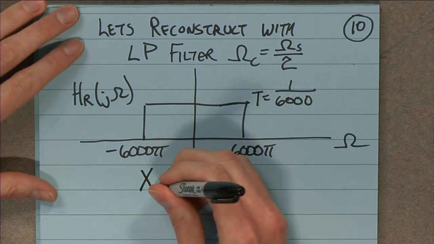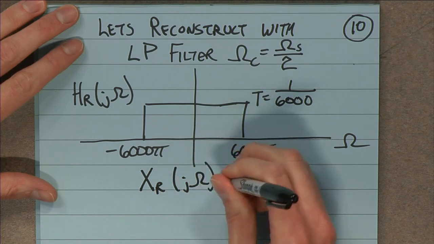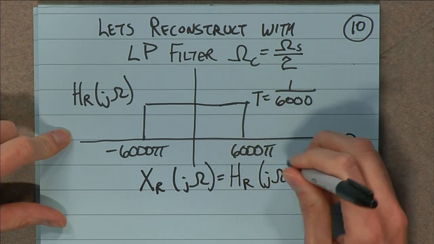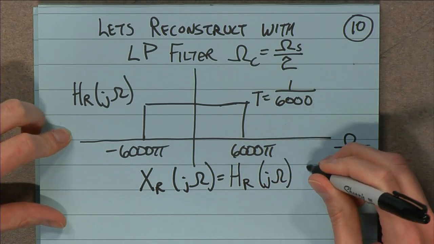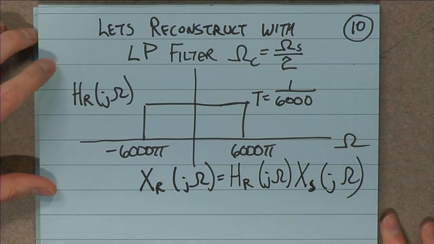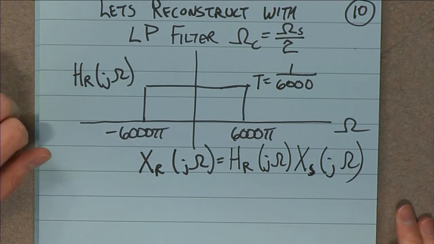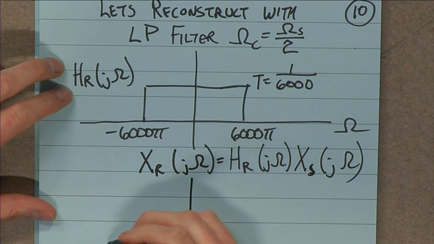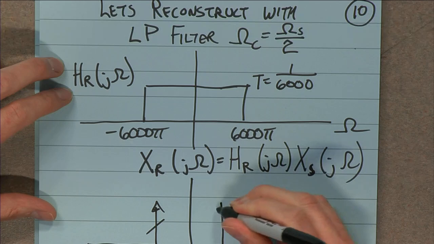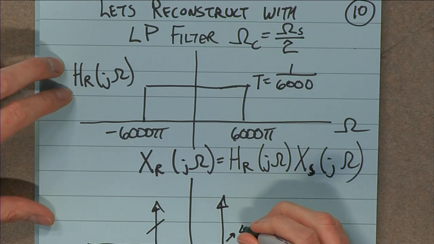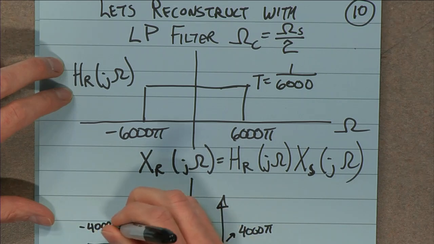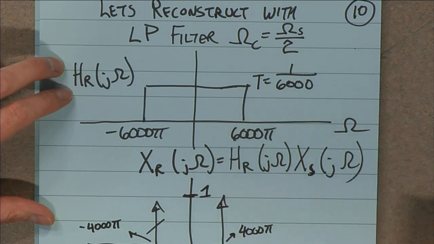So what is the reconstructed signal? The reconstructed x is going to be a convolution in time, or multiplication in frequency. So we take the sampled signal and multiply it by the filter. Where this was 4,000 pi, minus 4,000 pi, the height is back to 1.